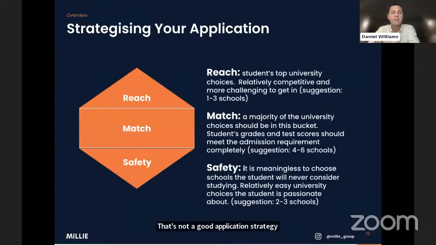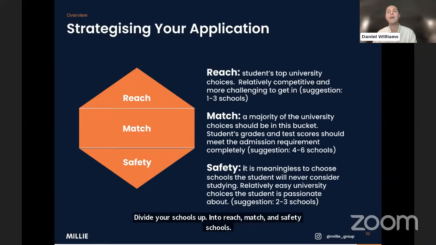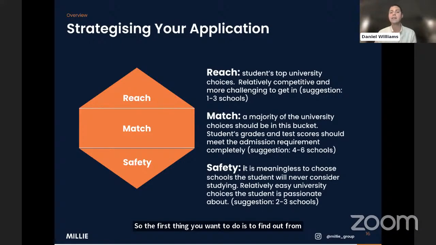The best way to strategize your applications is to divide your schools up into reach, match, and safety schools. So the first thing you want to do is to find out from your school, how many universities can I apply to? Some high schools will say you can only apply to 10 universities. Some high schools may say you can only apply to 8.